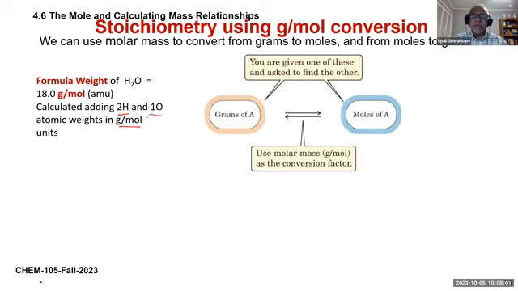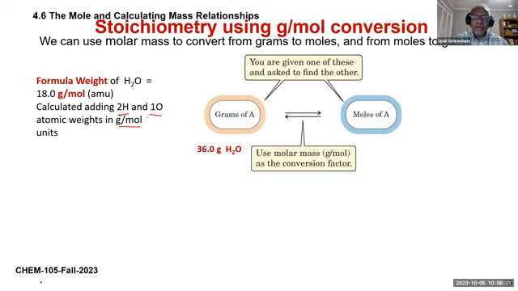So converting grams to moles, you use the molar mass or the formula weight as a conversion factor. For example, 36 grams of water. How many moles of water are there?